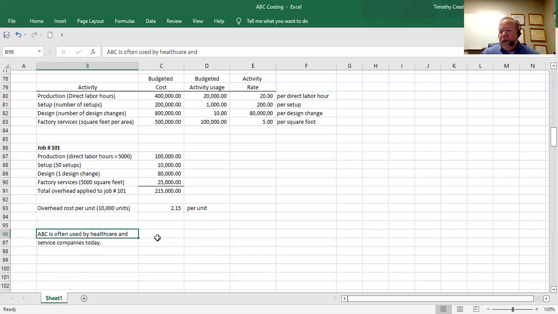A company like Federal Express would allocate some of the cost of delivering their packages to the cost of their planes, and all of their overhead costs would end up being allocated to their delivery cost. And so again, ABC can be adapted to be used by other industries outside of manufacturing, especially in healthcare and service companies today.